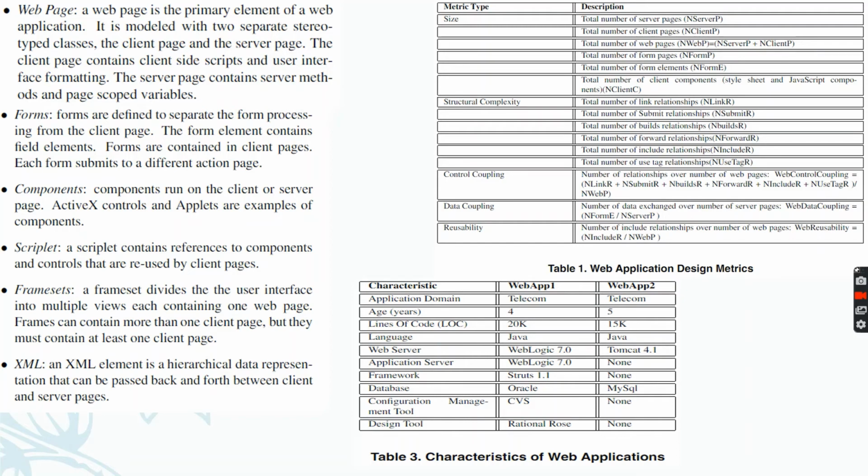Total number of client pages, term nClientP. Total number of web pages is the addition of both the above, client pages and server pages. Like that, there are metric types for structural complexity, control coupling, data coupling and reusability. You need to know the description of it and also the formula related to it.